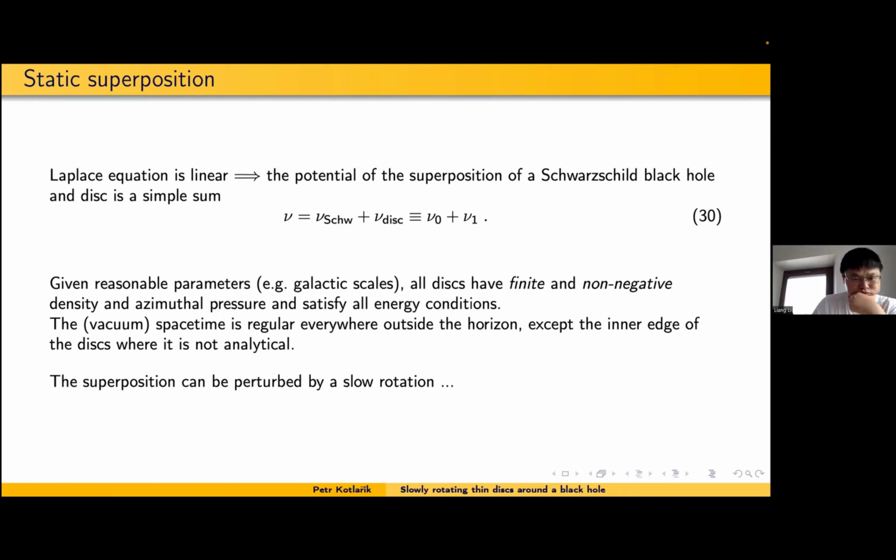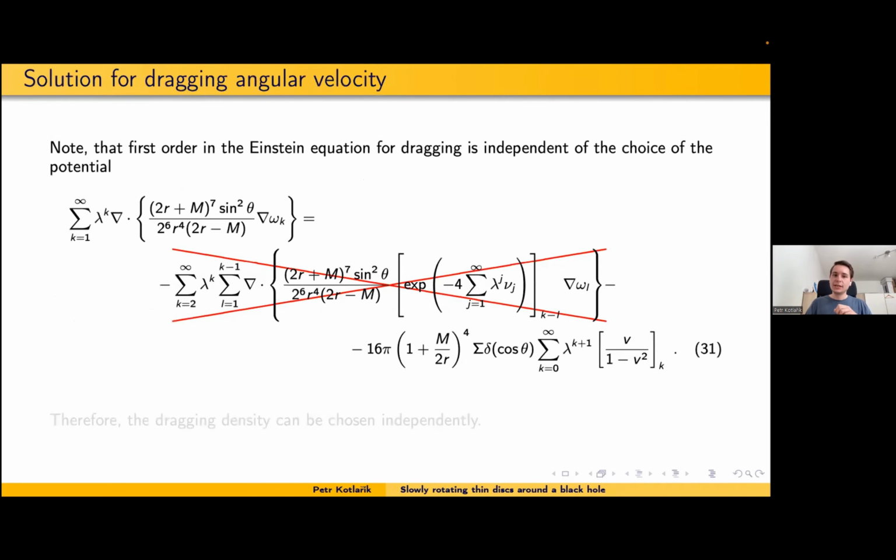Then we can use this full relativistic static superposition and perturb it by a slow rotation. So if we take a look at the equation for the dragging function, for the dragging angular velocity, you can again see that if we assume that the rotation is slow, so we take only the linear order in omega, then this term goes away, and the equation is not dependent on the potential.